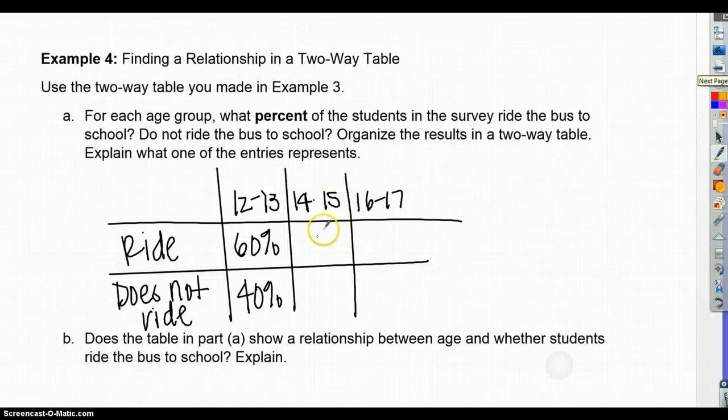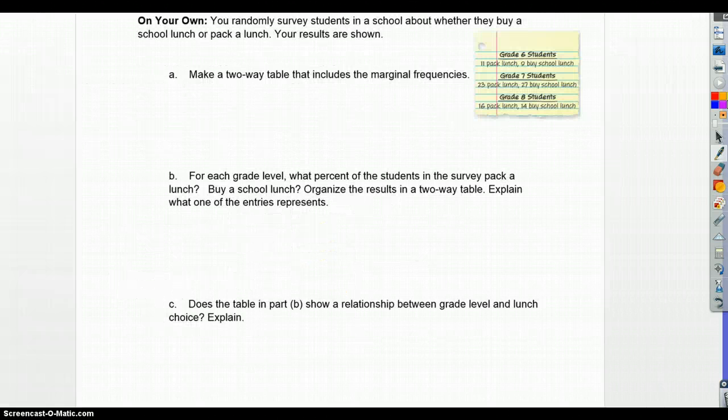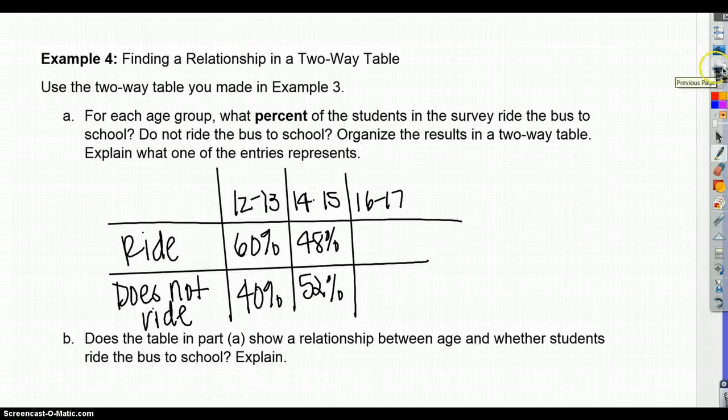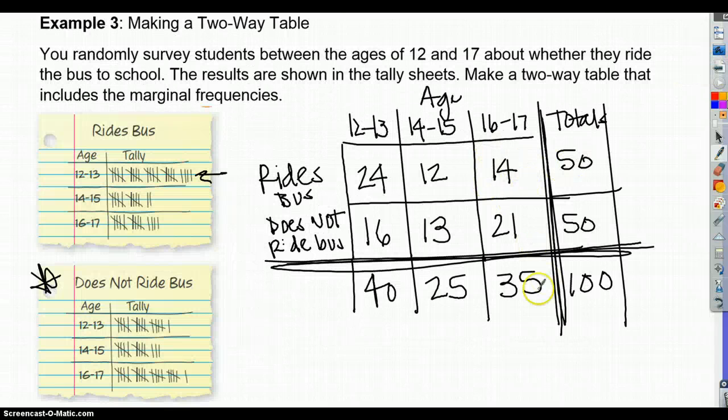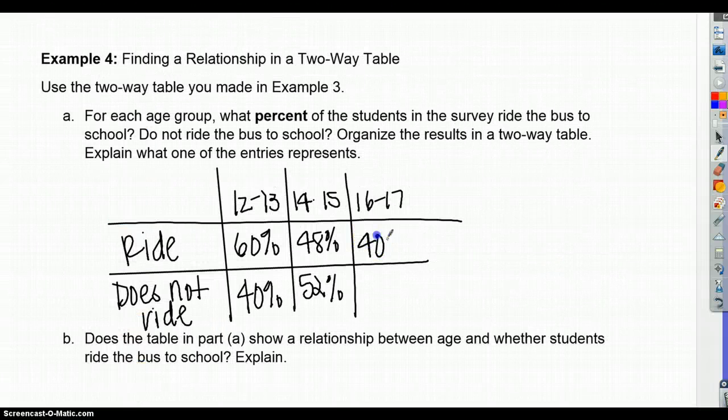So that's 48%. So 48% rides. 52% does not ride. And then 16 to 17, I have 14 out of 35 who ride the bus for a percent of 40%. And if 40% ride, that means 60% do not ride. So that would be the percentages in a two-way table.